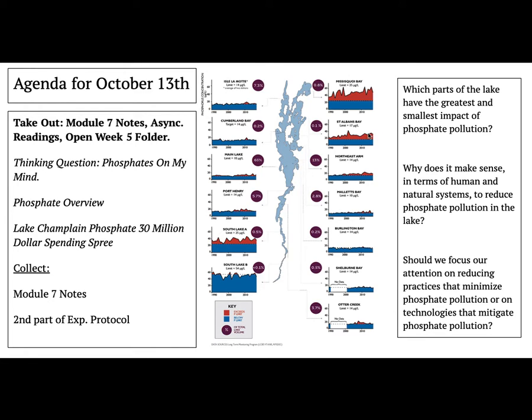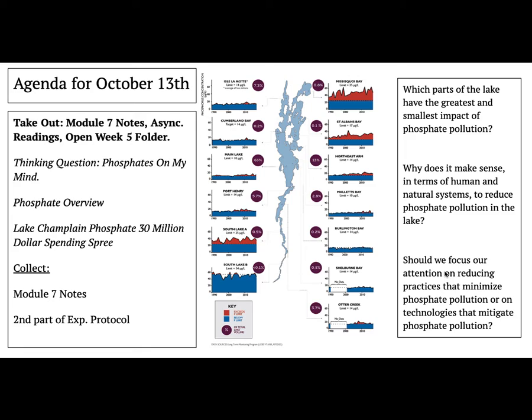Now, each lake has a historical set of data in terms of blue being the safe level and red where those safe levels are exceeded. So in terms of which lake has the biggest or smallest impacts, that might be something that you take a look at more. You also want to think about why it makes sense in terms of human and natural systems to reduce phosphate pollution, and also where we should be focusing our attentions on the phosphate pollution.